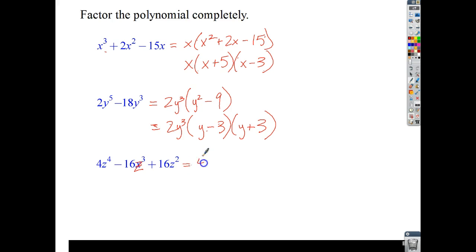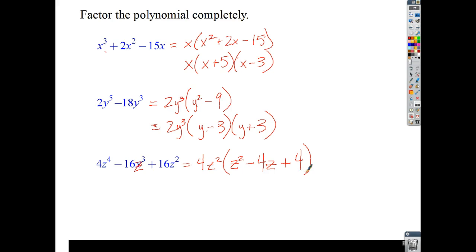Okay, so I'm going to pull out 4z squared, and that's going to give me z squared minus 4z, and then I'm going to get plus 4. Wow, I don't know what's going on with this. Let me see if maybe something else works here.